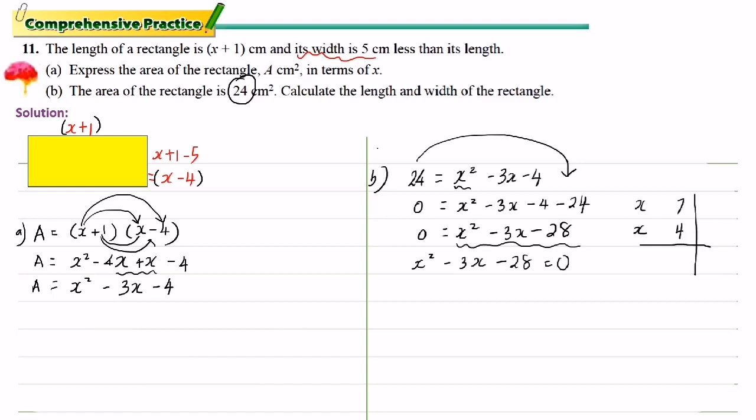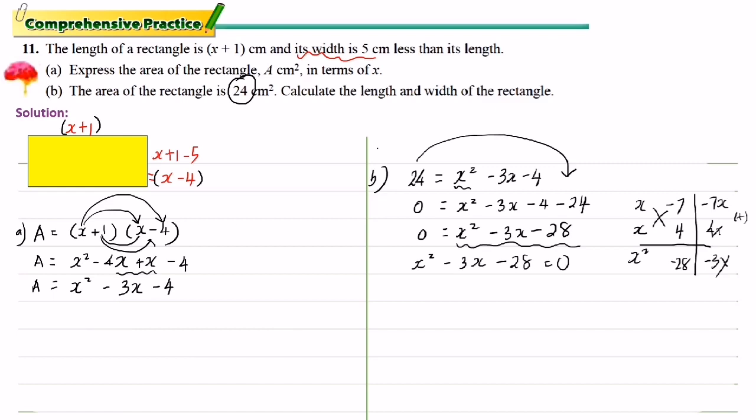But here is negative 28, and we need to obtain negative 3s, so I put negative at the number 7 here. Negative 7s plus 4s equals negative 3s.